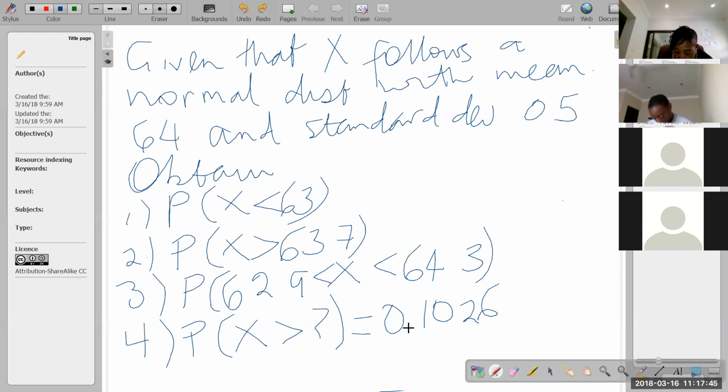I got 0.0228. Did anybody get an answer different from that?